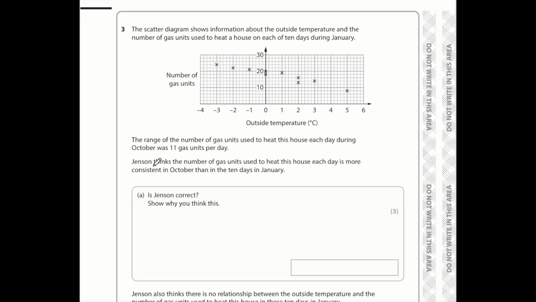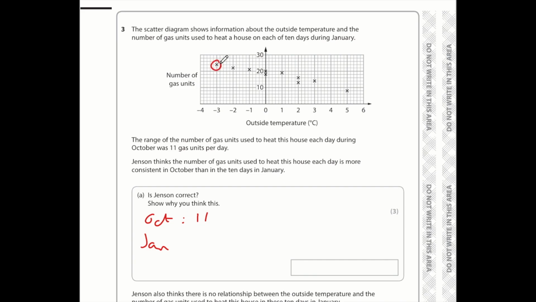Okay, so Jensen thinks the number of gas units used to heat this house each day is more consistent in October than in the 10 days in January. October, we know the range was 11, and January, well, what is the range? It's the range not of the temperature but of the number of gas units.